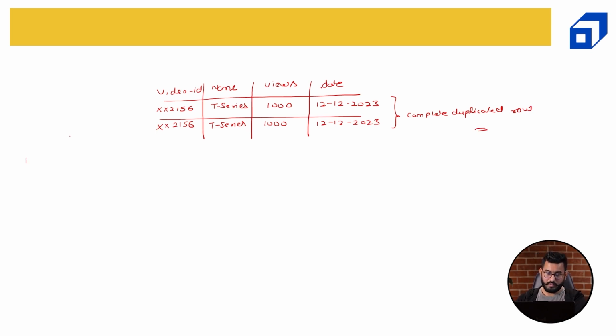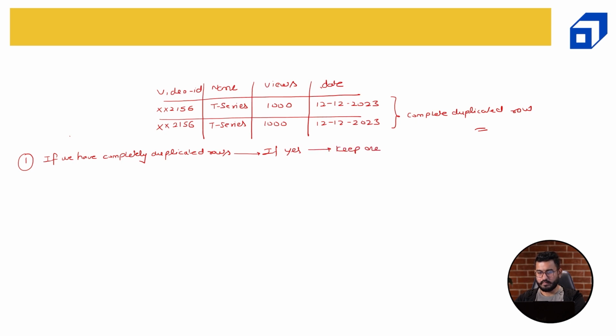So first of all, I will check if we have completely duplicated rows, and if we have them, we will remove them. We will keep only one of them.